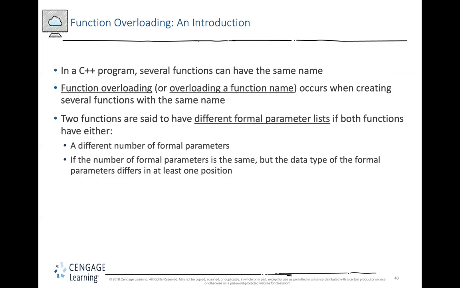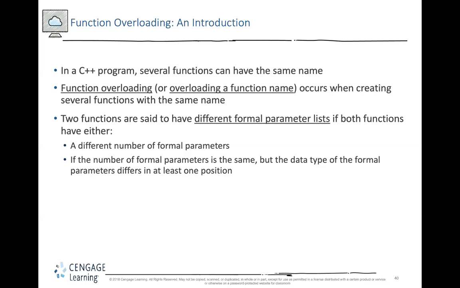Now, function overloading. It sounds like a fancy word, but it's really simple. It really just means that you can use the same function name, and declare it with different parameters. You want to be able to calculate the same thing depending on what's provided as arguments. So you can have many different variants of the same function that does the same thing.